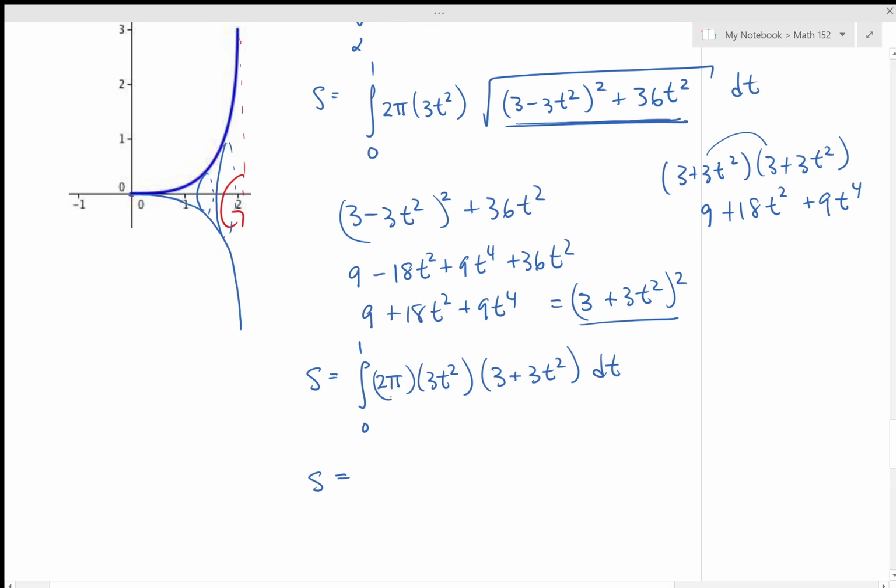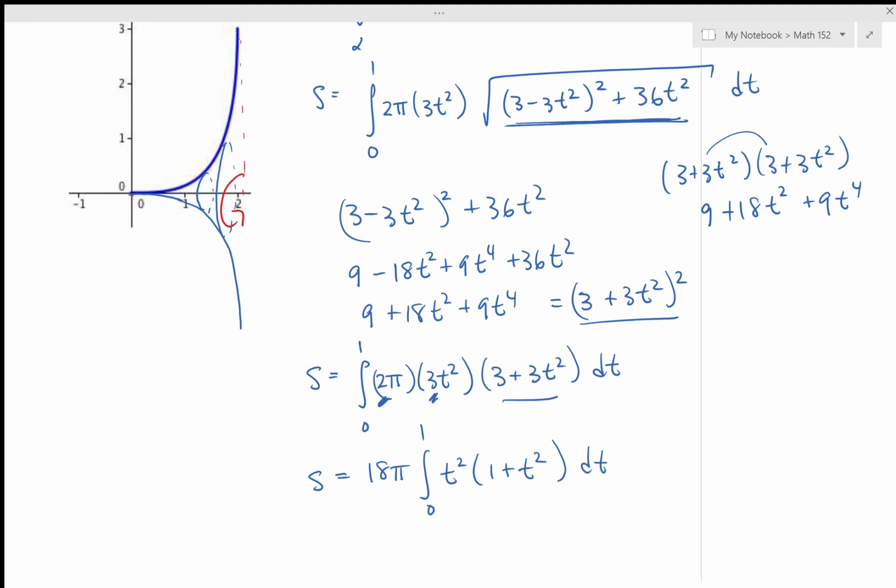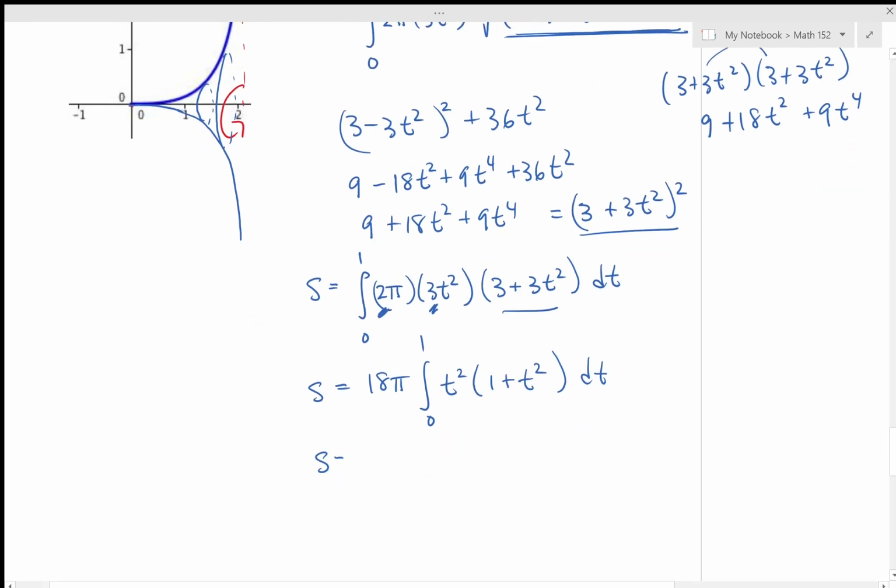I've got a 2 here. I've got a 3 there. And then I'm going to factor out the 3 from here. That's going to give me 18 pi times t squared times 1 plus t squared dt. 2 times 3 times 3 is 18. The t squared is there. Okay.